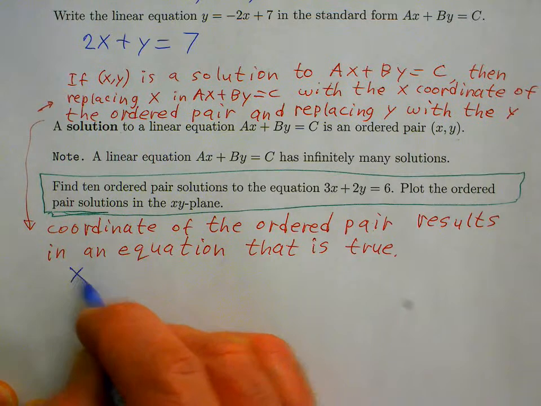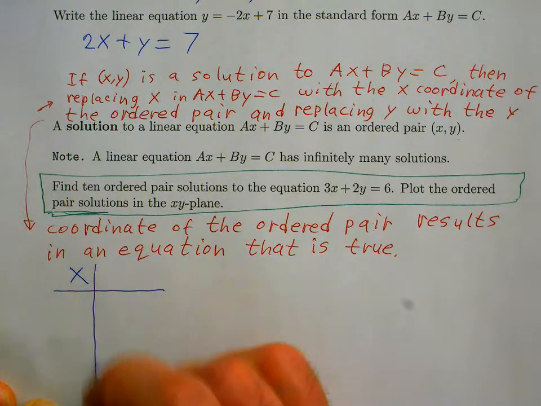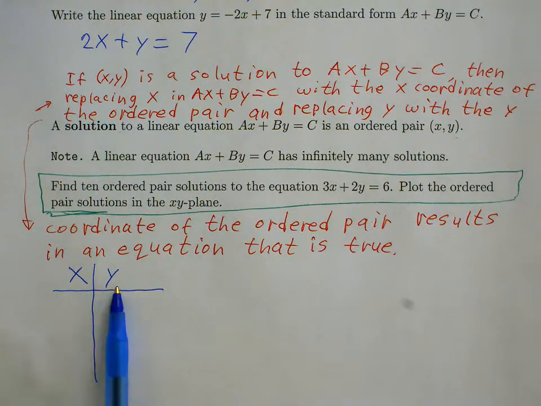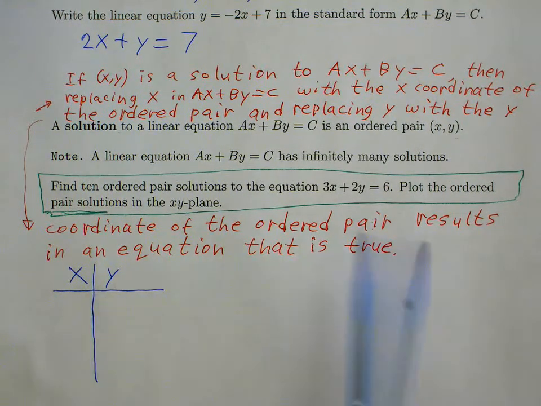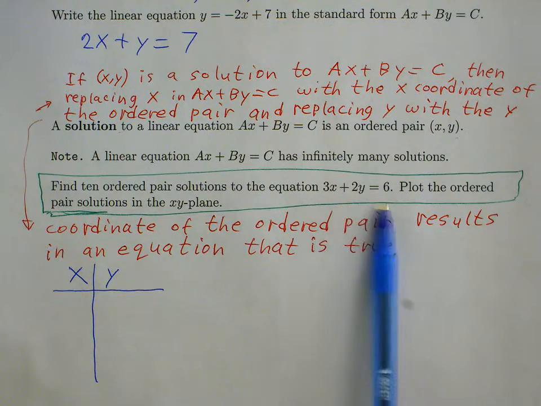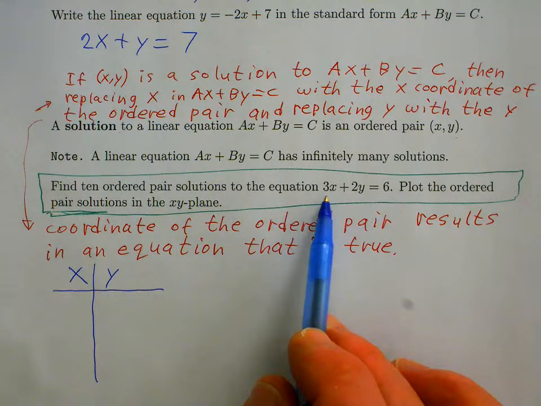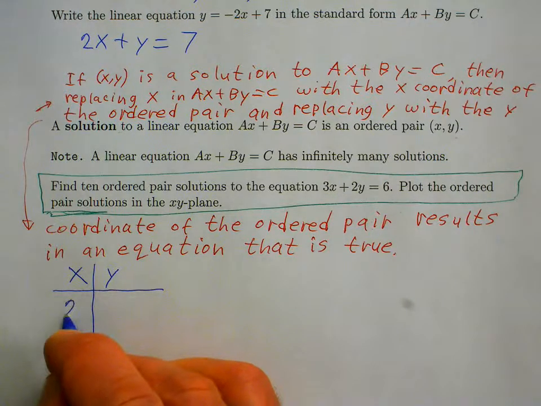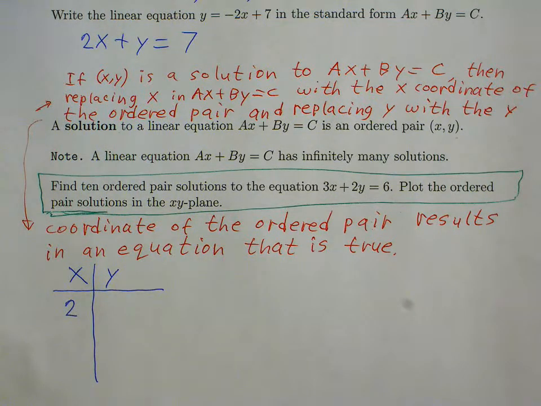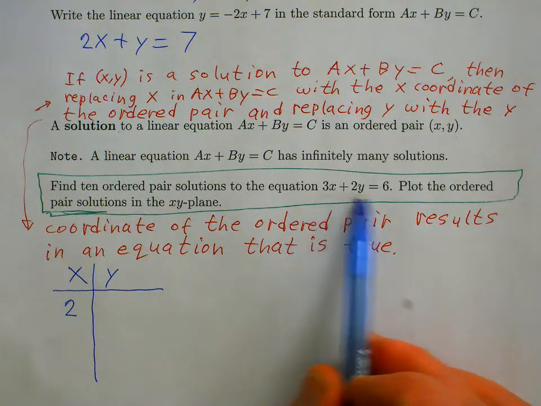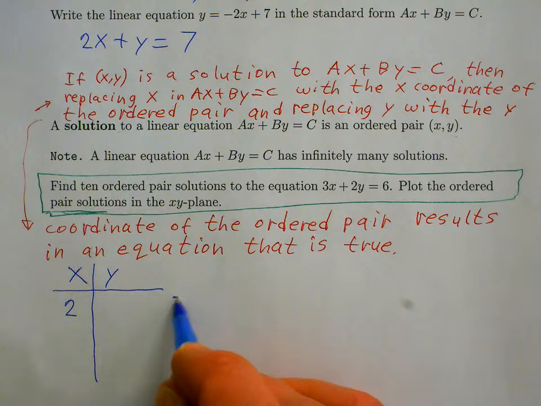So one thing we can do, we can create a table of x and y values. So x is on the left, y is on the right. I'm looking at this equation, 3x plus 2y equals 6. I'm going to pick x to be 2. And then in the equation, 3x plus 2y equals 6, I replace x with 2.